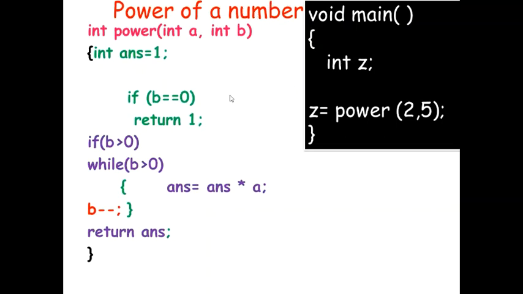So over here we run with this. If b is equal to 0, now we are checking if b is greater than 0. Now if b is greater than 0, you will have to compute, for example, say 2 raised to 5, 2 into 2 into 2 into 2 into 2. You will have to do that 5 times.